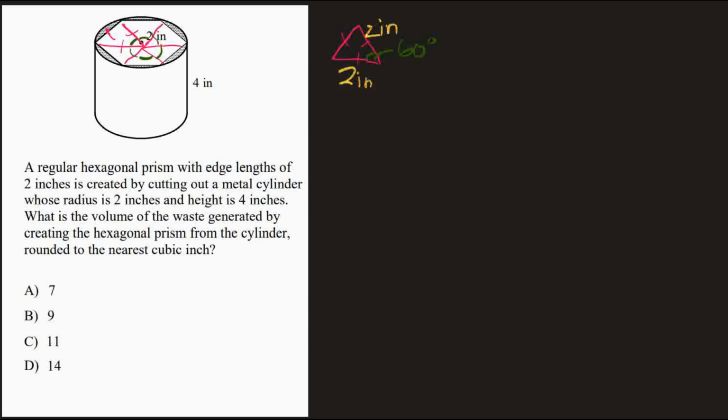So then we have to count the volume. The idea is we subtract the volume of the prism from the volume of the cylinder, then we'll get the volume of waste generated by creating that hexagonal prism. So now first we want to count the volume of the hexagonal prism.